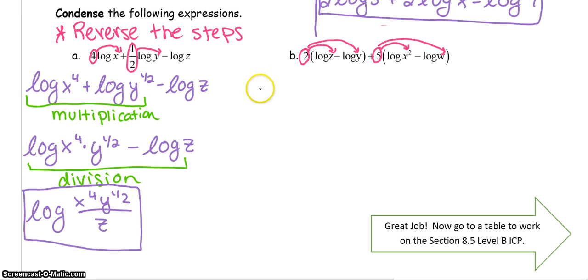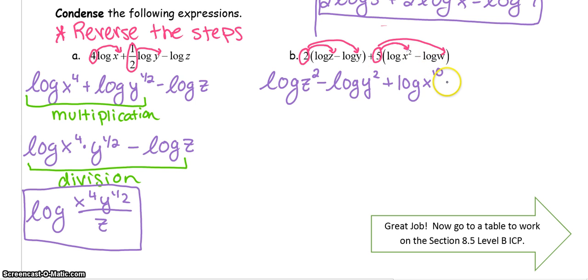So I've got log of z squared minus log of y squared plus log of x. Now since this had a 2, we're going to multiply the 2 and the 5 to become 10, then minus log of w to the 5th.